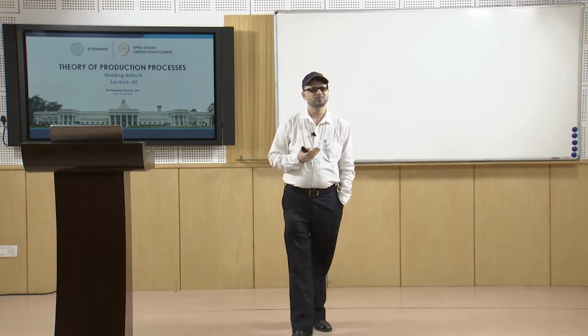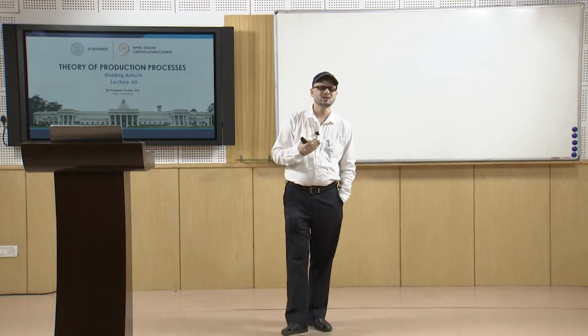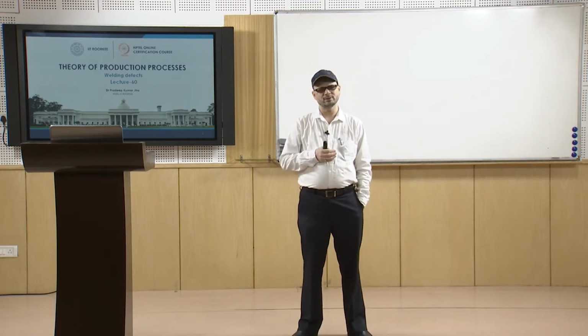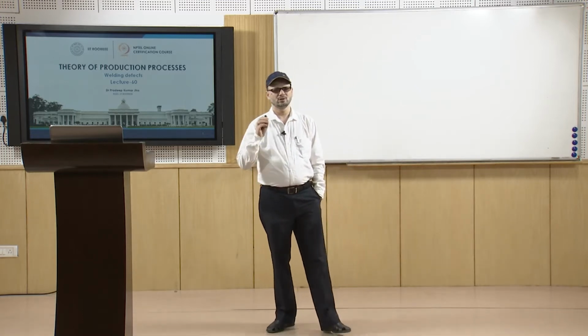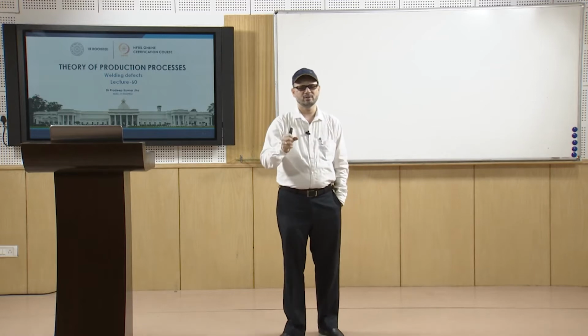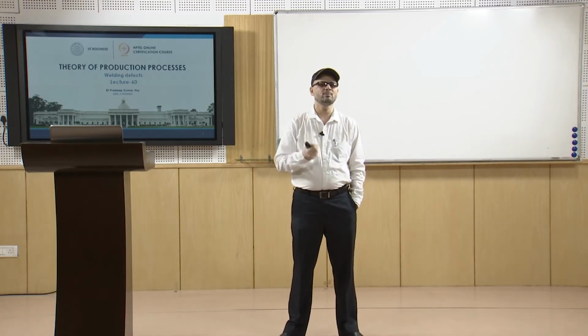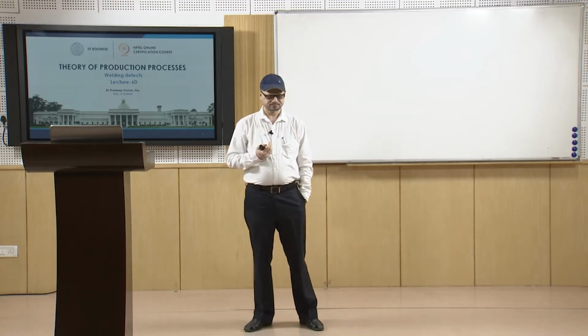Just like in arc welding, if the arc creation is not proper, or the holders are not properly holding the electrodes, or the current flow is not proper, those things also lead to defects.